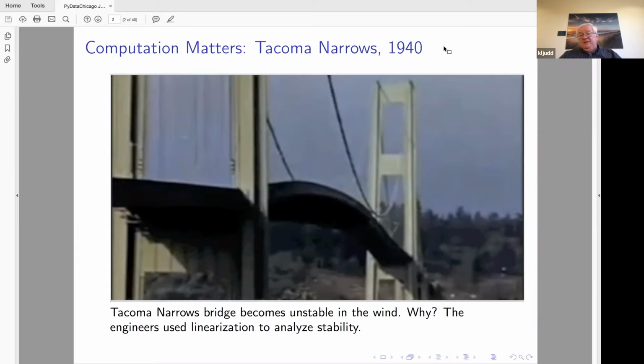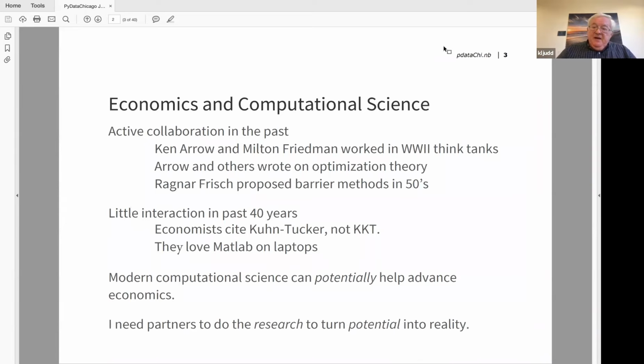The bad news is that the linearization methods that were behind the Tacoma Narrows Bridge collapse are the basic main tool that macroeconomists use to analyze complex dynamic economic systems. And this was the case even after the Great Recession. So that's a contrast between computational or engineering science and economics.